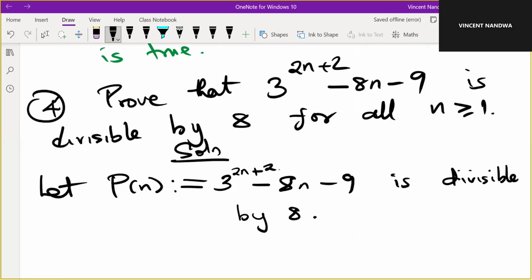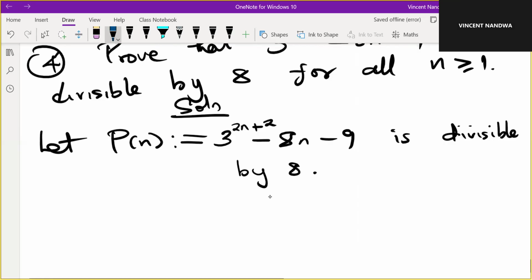When we say divisible by 8, what does it mean? Give me an example of a number which is divisible by 8. 16, any other? Yeah, correct. So when you say divisible by 8, it means that number can be divided by 8 without a remainder. When you divide that number by 8, you get a 0 remainder.